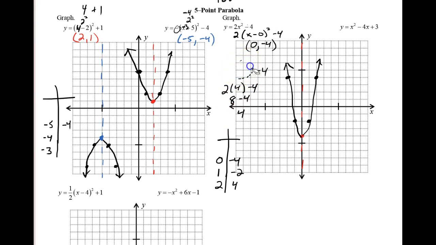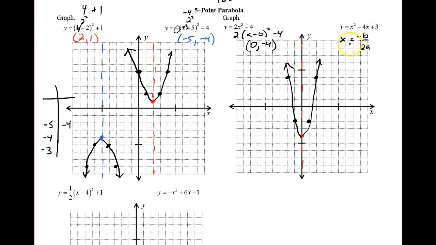Alright, so now for this one, if it's in standard form, it's a little bit more work because I don't know where the vertex is. So a couple ways to do it. The easiest is just use our vertex formula, negative b over 2a.